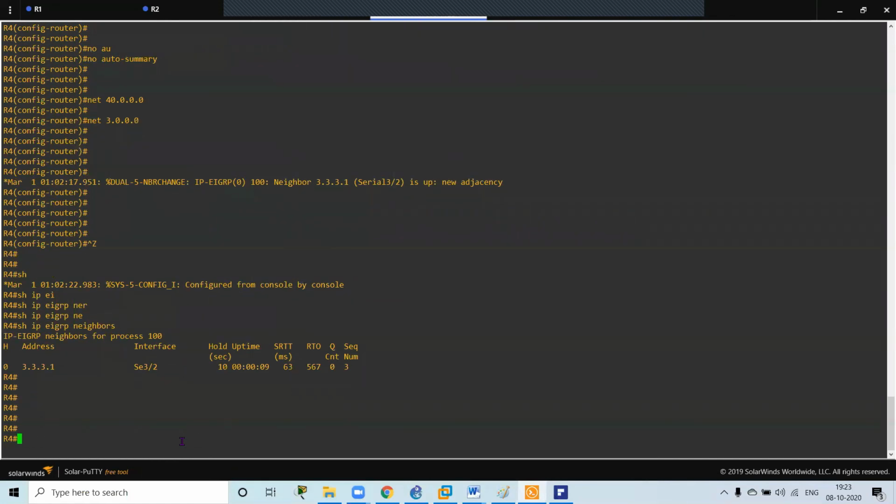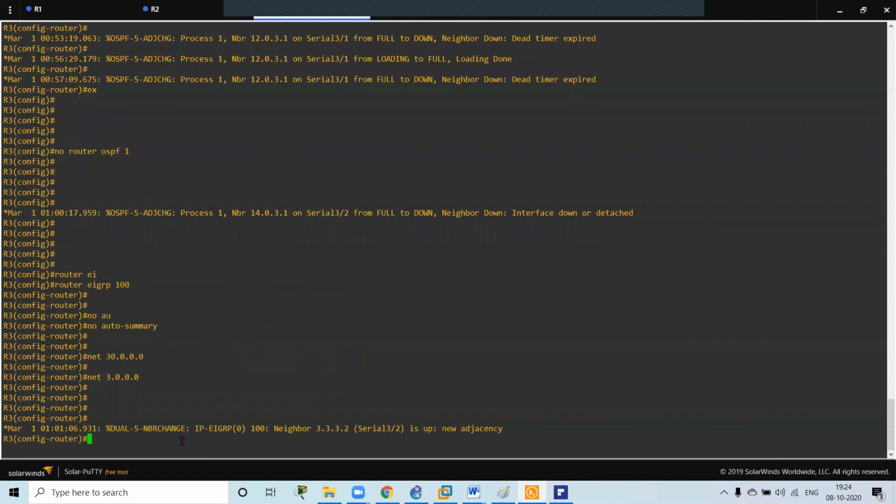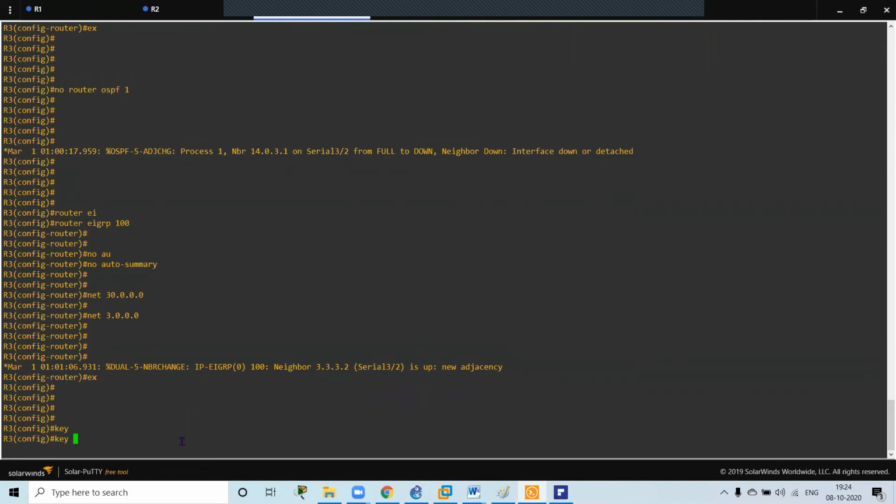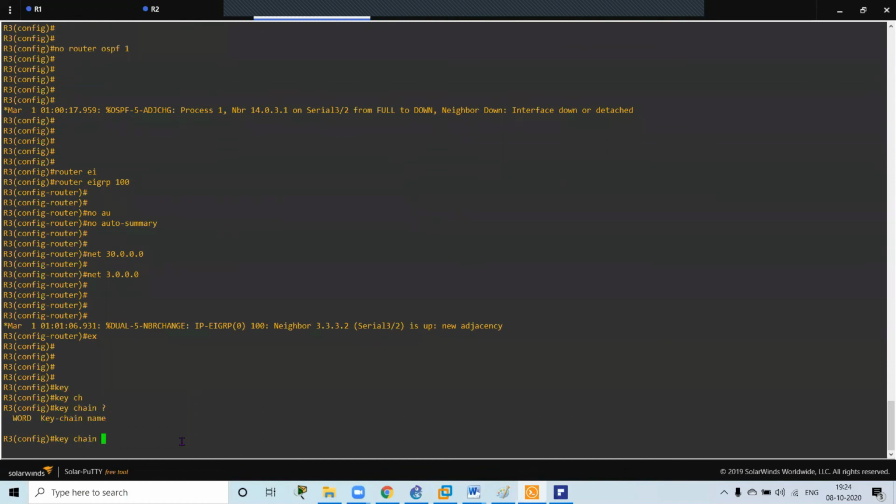Okay, the task is to configure R1 and R2 to form neighborship and exchange routes only after successful authentication. EIGRP only supports MD5 authentication. So to configure authentication, what I need to do? First, I need to create a keychain with any name. Suppose I create a keychain with CCNA.